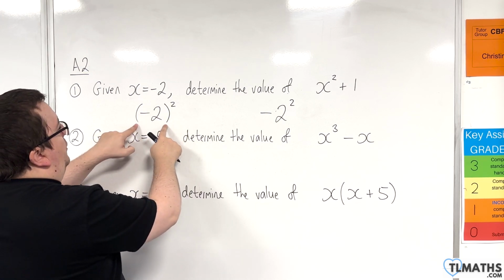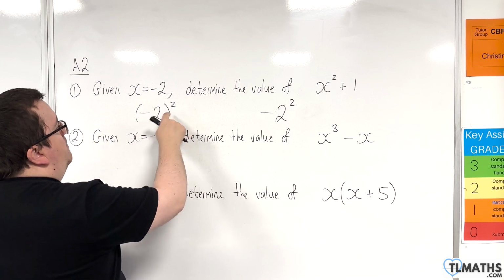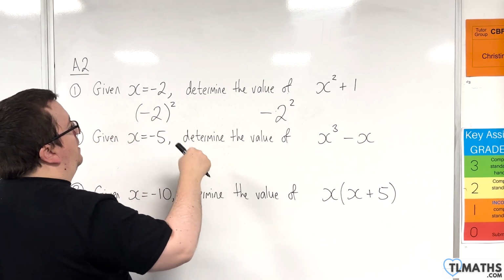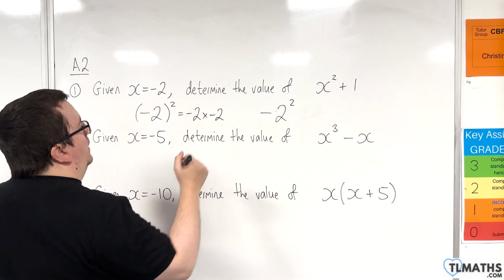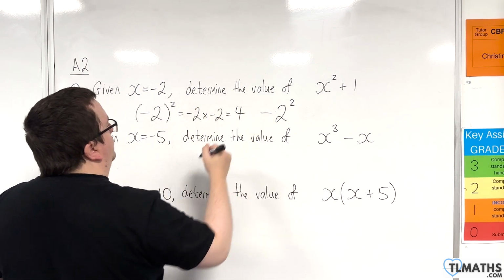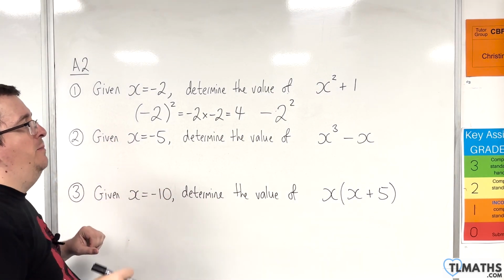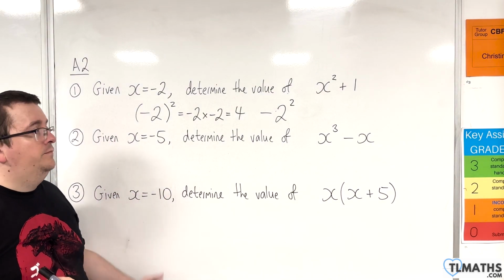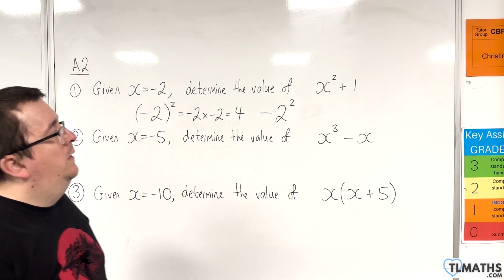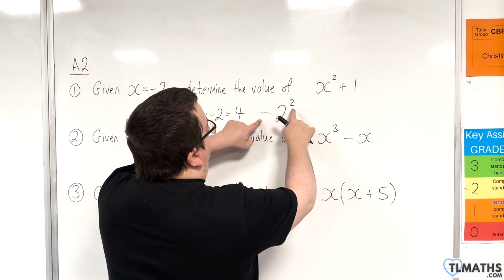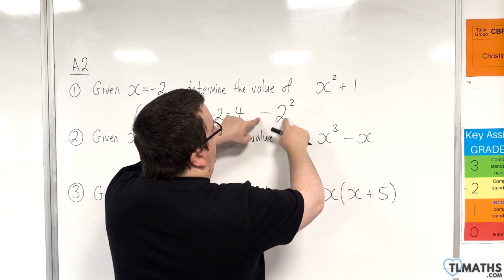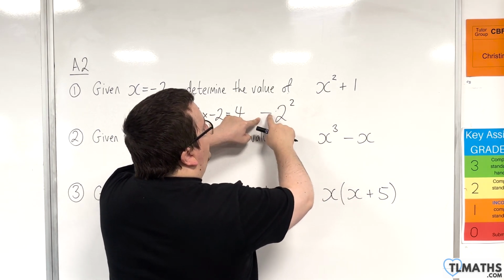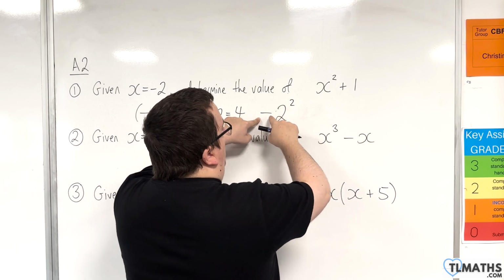Now, minus 2 squared means minus 2 times minus 2. Now, that is 4. When you multiply minus 2 by minus 2, you get 4. Without the bracket, we deal with the index first before we deal with the multiplying by minus 1 that you've got here.